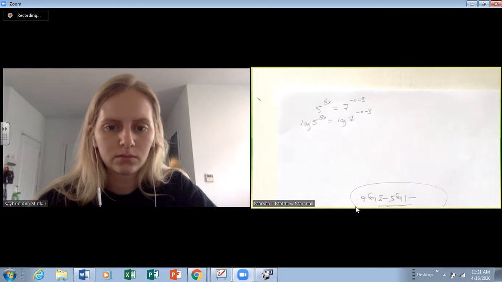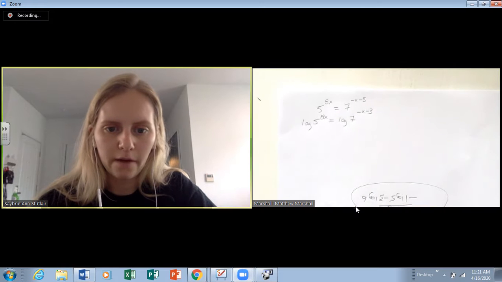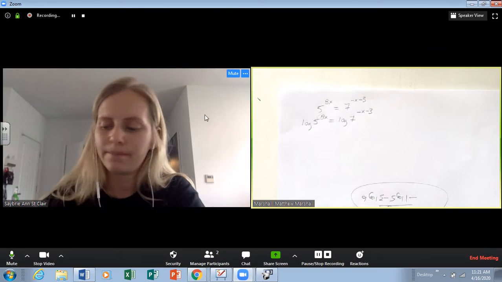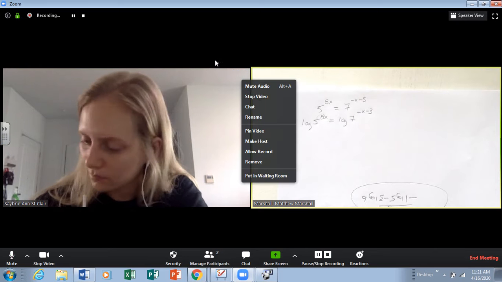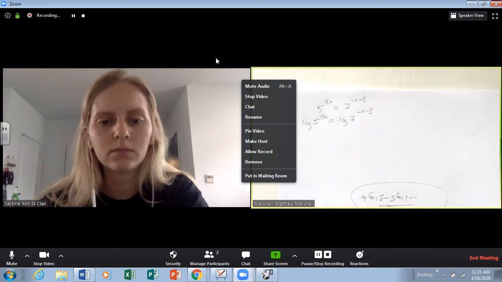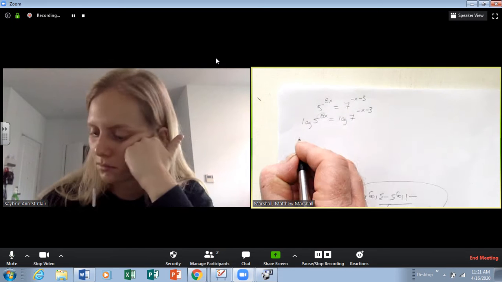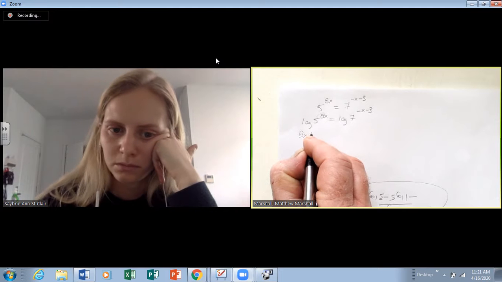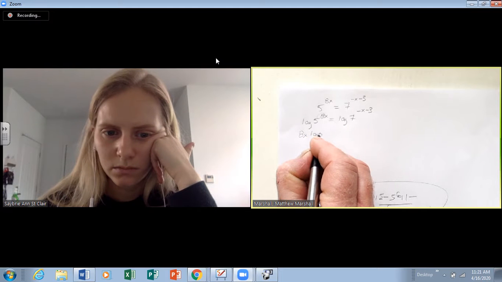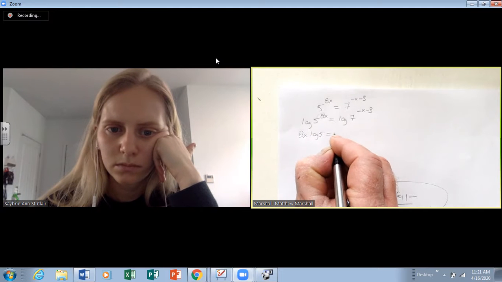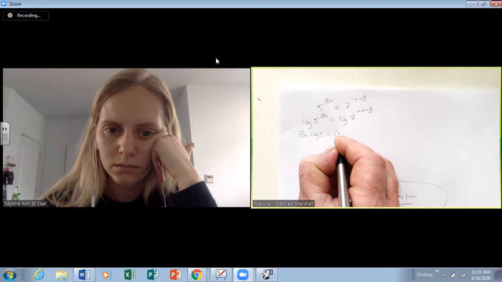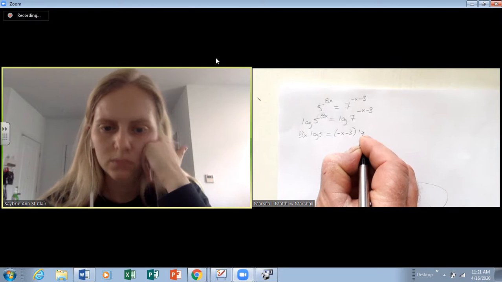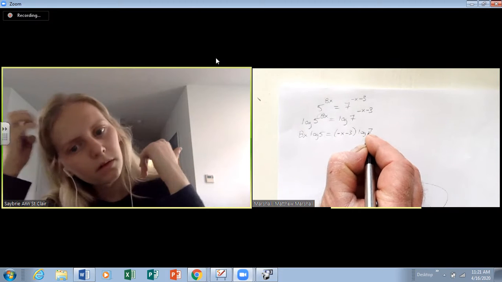Remember doing that? And then I'm going to put those pieces out front. So that will be 8x, and then I still have that log 5 equals, in parentheses, negative x minus 3, log 7. What do you think?